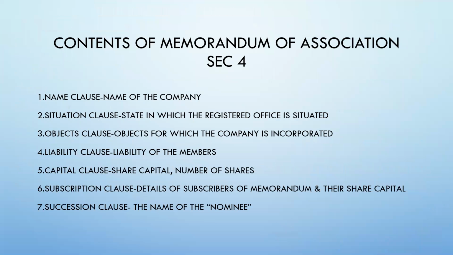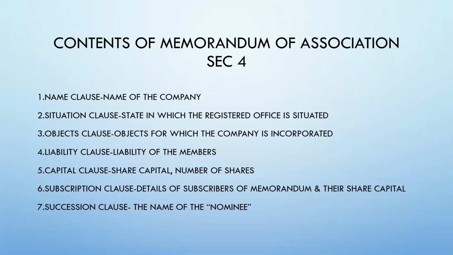Let's move on to understand the contents of Memorandum of Association which is given in the Act Section 4. There are 7 clauses. The first clause is the name clause, wherein the name of the company is specified. Second clause is the situation clause, the state in which the registered office is situated.